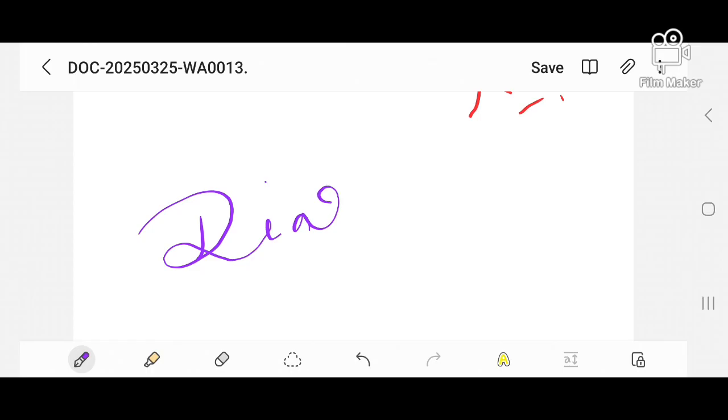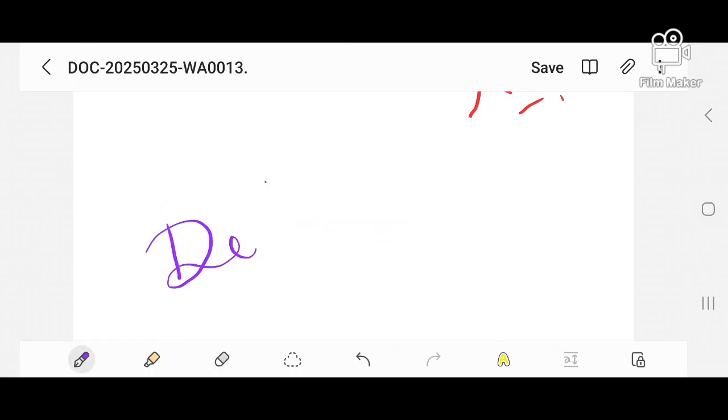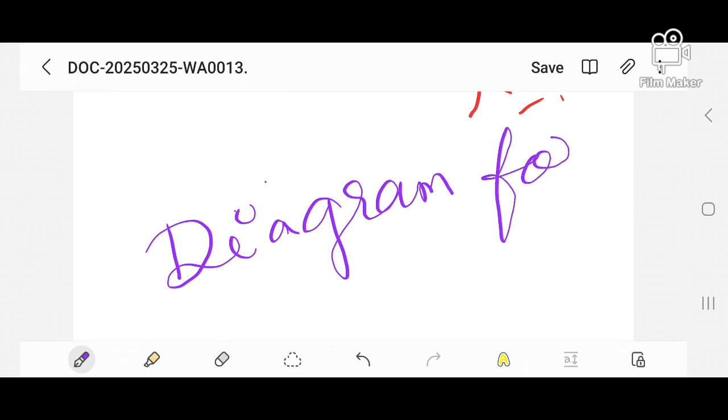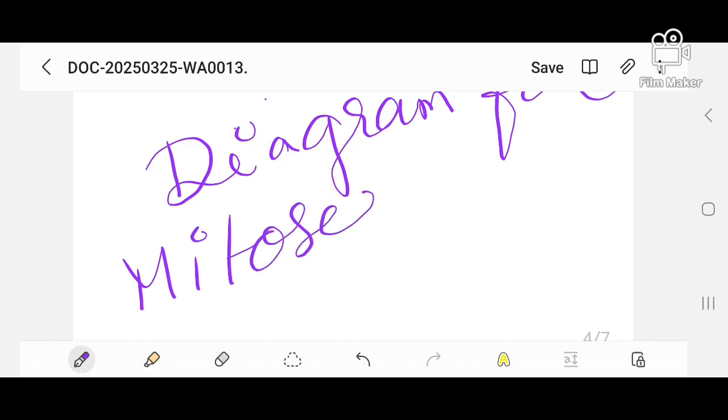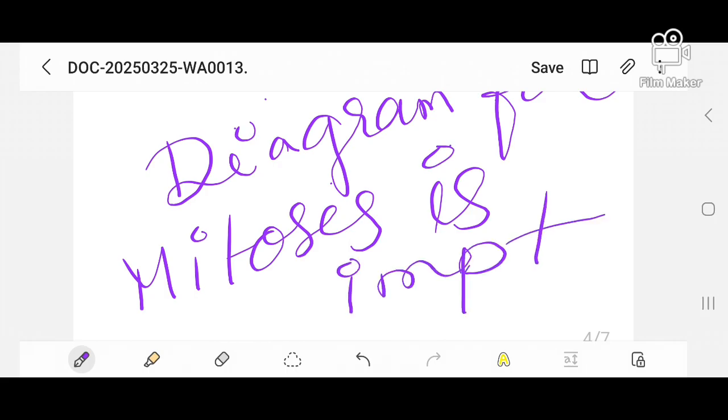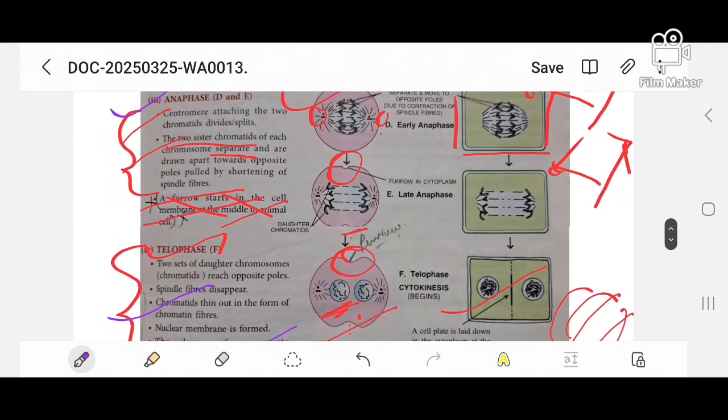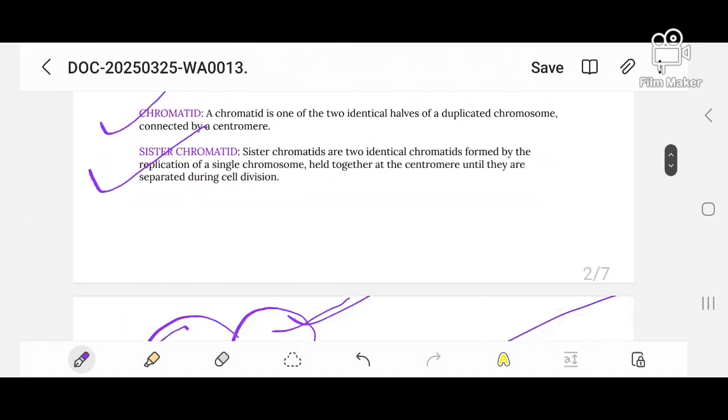Diagram for mitosis is important. Okay, study the diagram very hard.